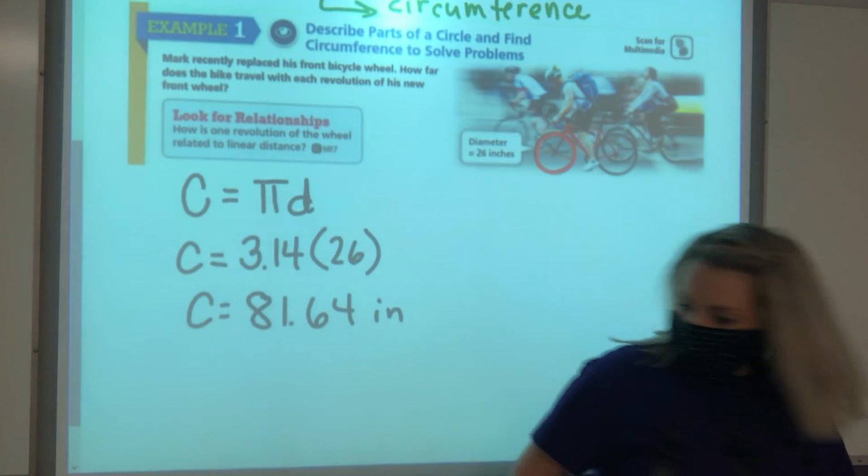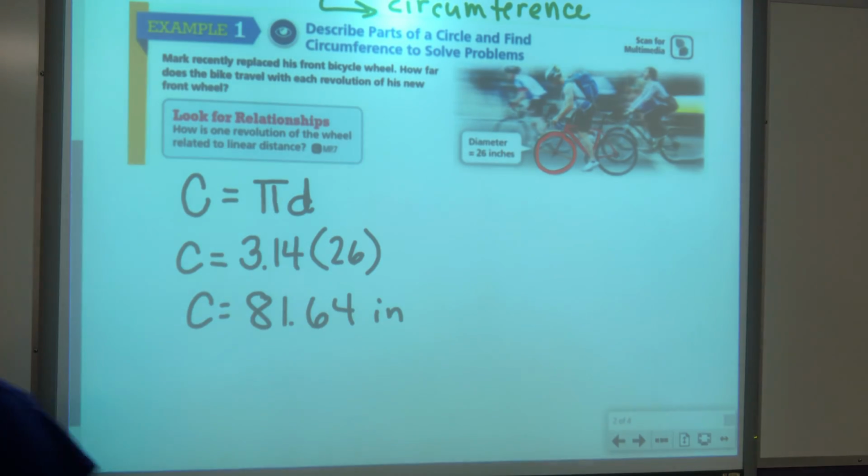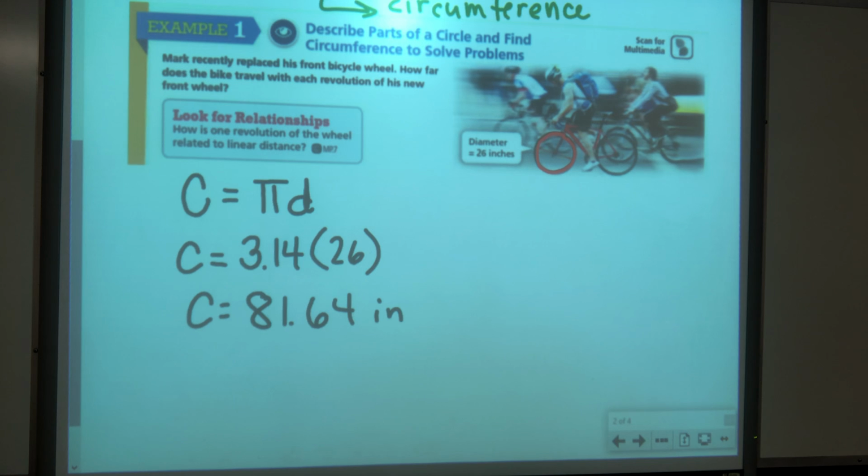So, on that tire, these tiles here are 12 inches. So someone do 81 and 64 hundredths divided by 12 for me. Divided by 12, yep. 6.8? Yeah. Okay, so 6 and 8 tenths. So 8 tenths is 4 fifths, right?